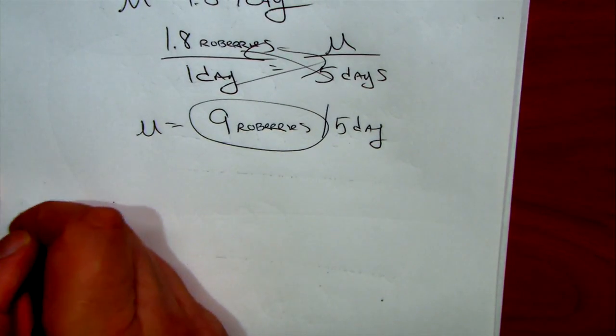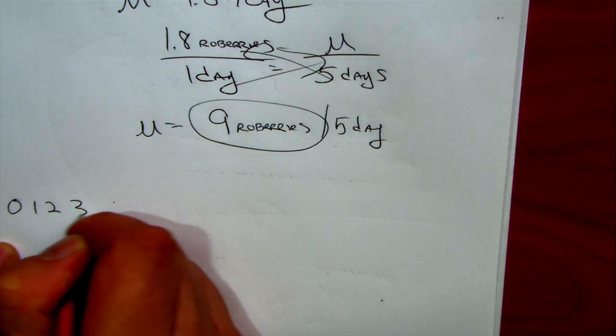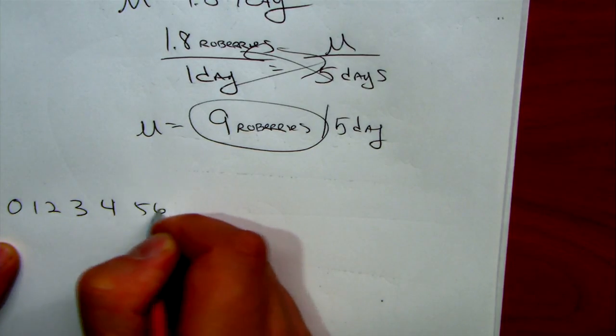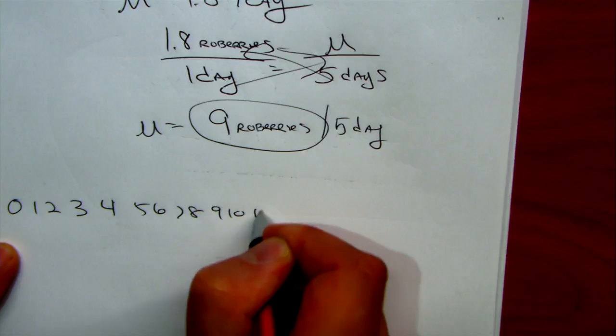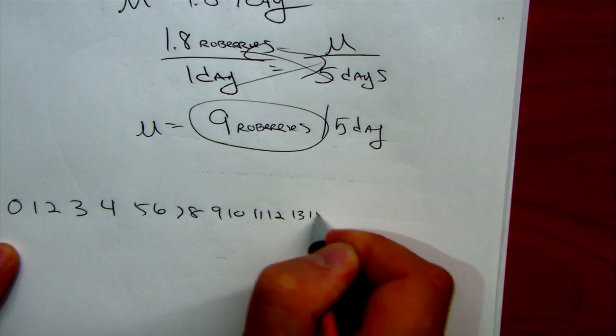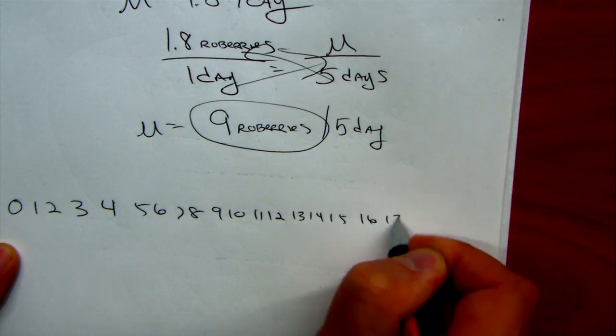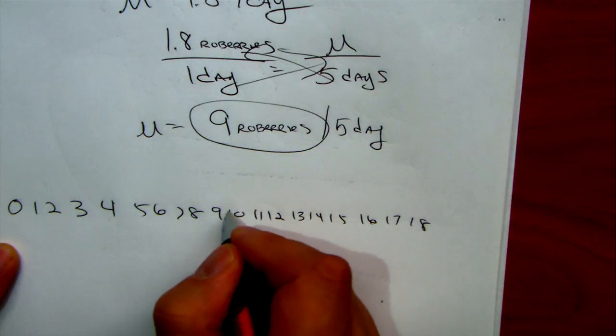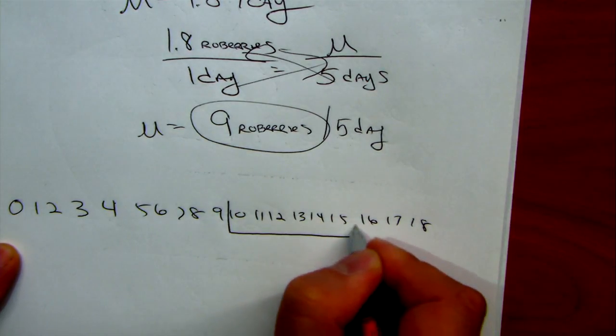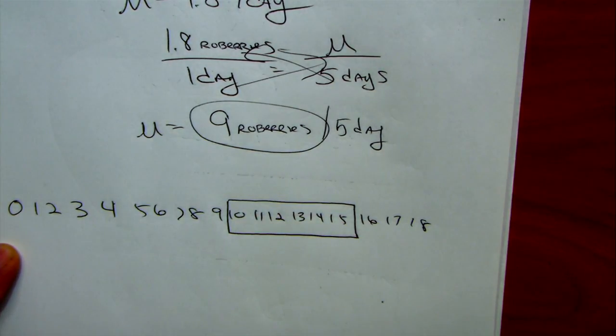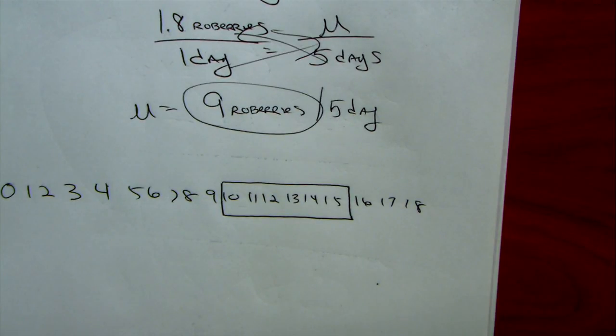Let's try to envision this. 0, 1, 2, 3, 4, 5, 6, 7, 8, 9, 10, 11, 12, 13, 14, 15, 16, 17, 18. And you think about it, I want to include 10 to 15. So I could find the point probability of 10, add that to the point probability of 11. That's a lot of work.